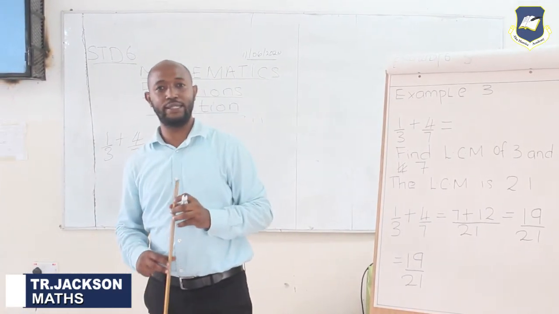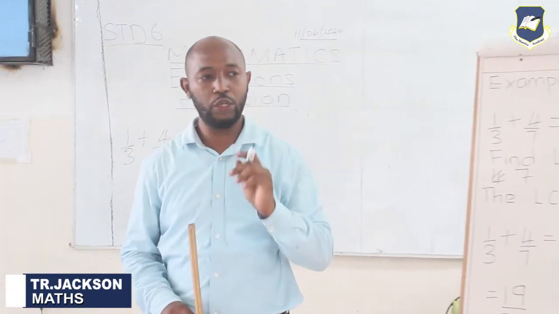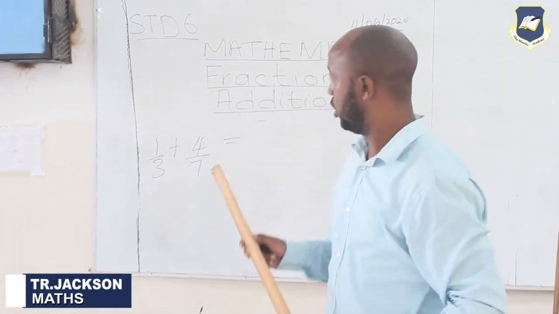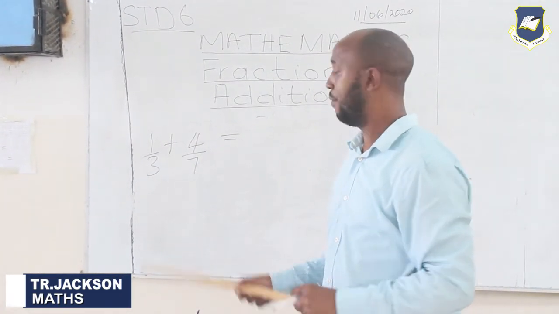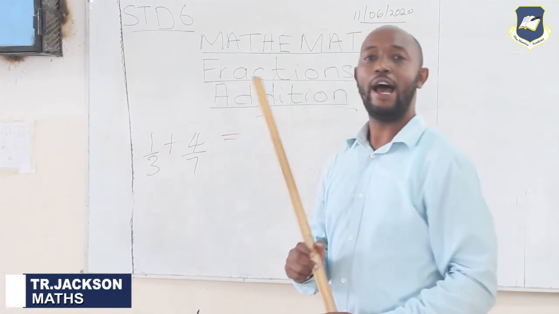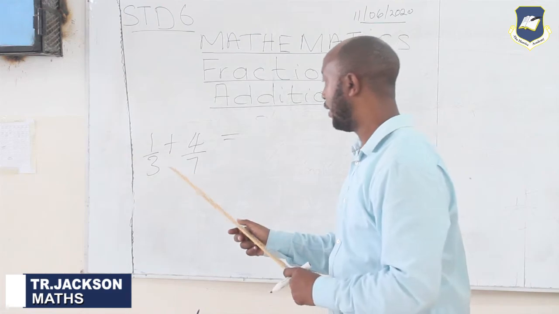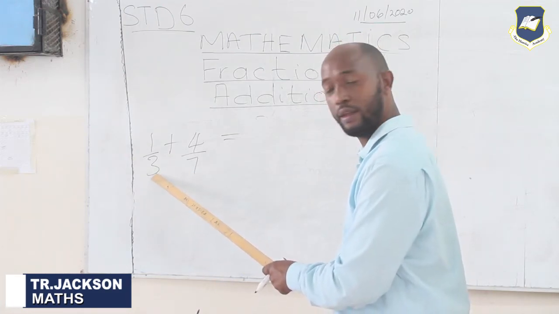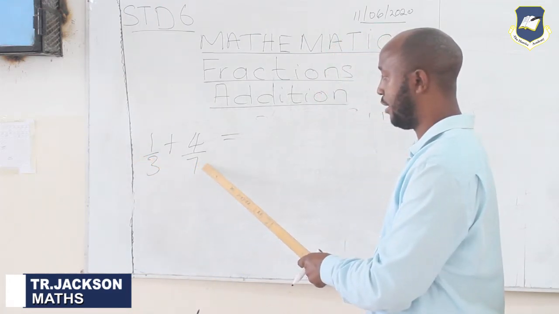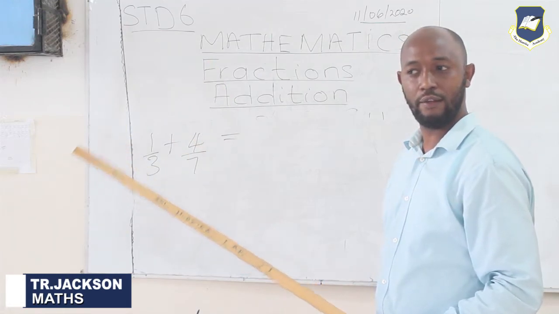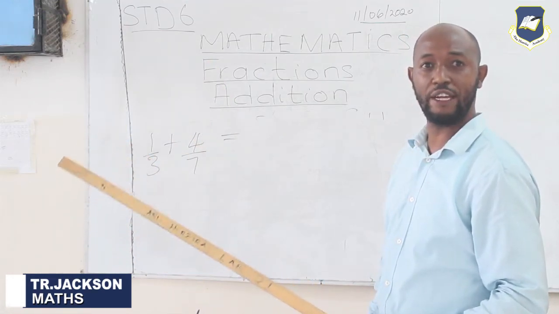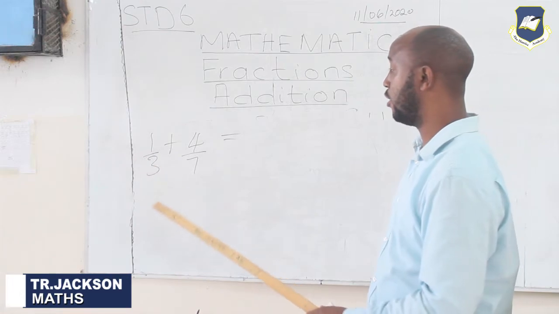As we have just seen before, what we need to do is check our denominators. Are they the same or different? Our denominators are 3 and 7. Obviously, they are different.